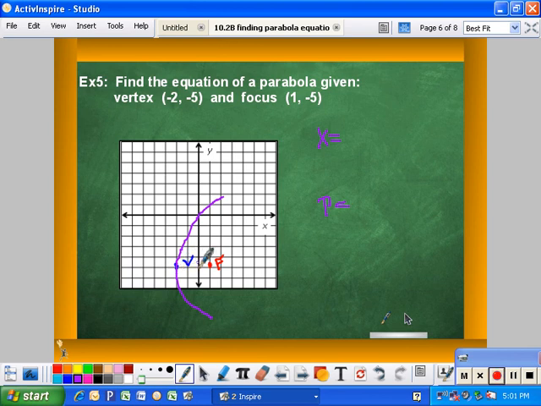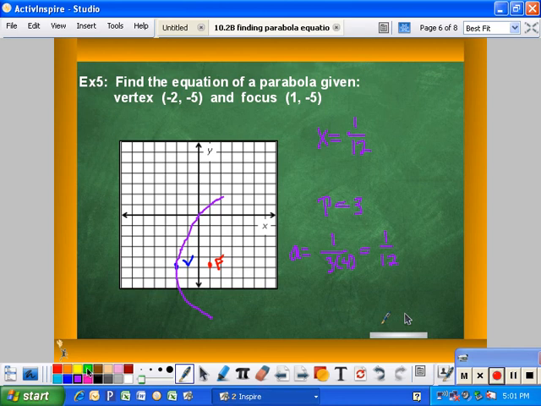Our p is 1, 2, 3. So our p is 3. Which means that we have 1 over 3 times the 4 for our a, or 1 over 12. All right, so we know it's 1/12. And we know that it's positive because it opens to the right.